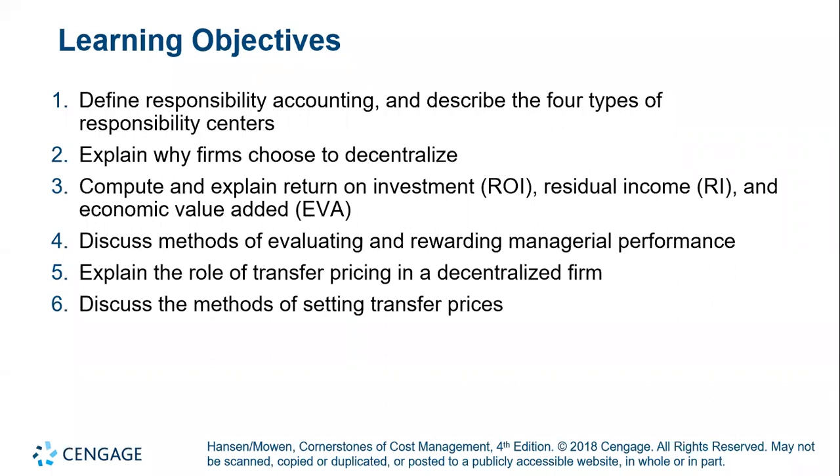Compute and explain return on investment or the ROI, residual income, and economic value added. 4. Discuss methods of evaluating and rewarding managerial performance. 5. Explain the role of transfer pricing in a decentralized firm. And 6. Discuss the methods of setting transfer pricing.